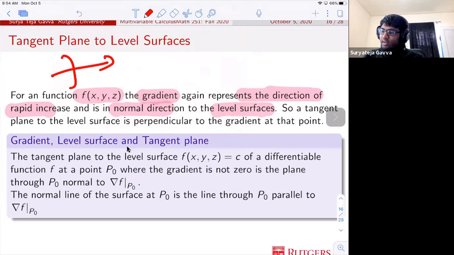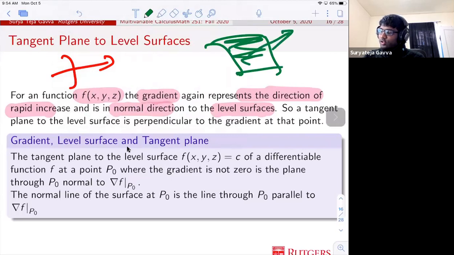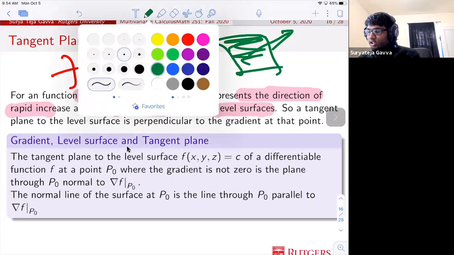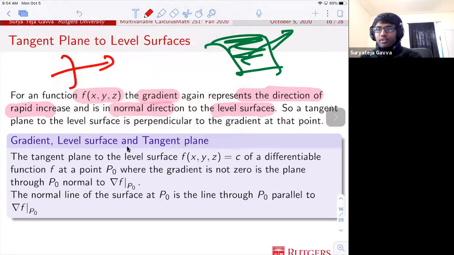In the case of 3 dimensions, it will give you the normal to a surface. This is some surface, and it will give you the normal direction to the surface. It's perpendicular to the level surface. So that's the whole difference between 2 and 3 dimensions. Instead of a curve, you'll have a level surface. Okay, so how can you use that?